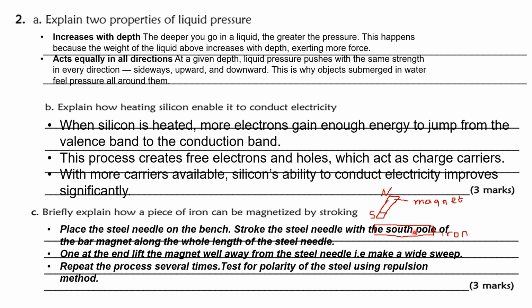If it is just attracted without being repelled, then that's not a sure way to tell that a magnet has been made. Remember that repulsion is the only test for a magnet. The only way to be sure that the other material has become a magnet is when it repels the actual magnet.